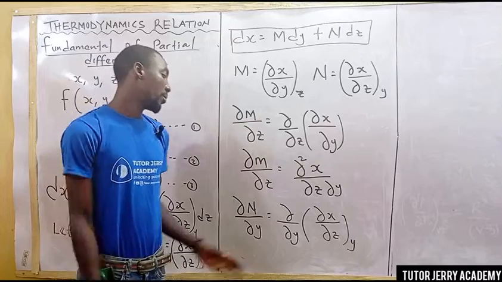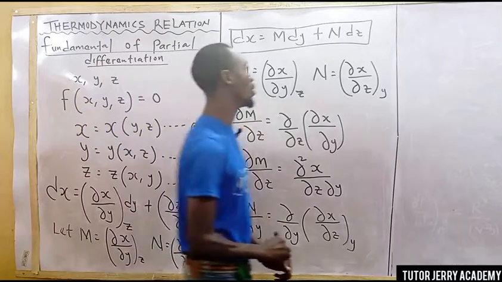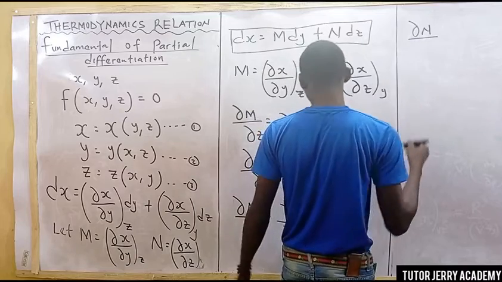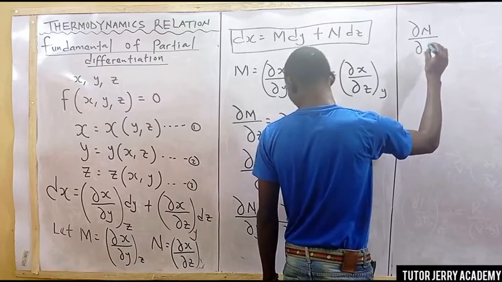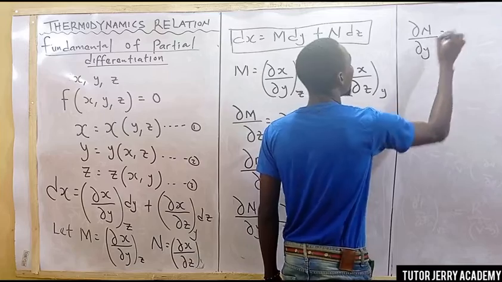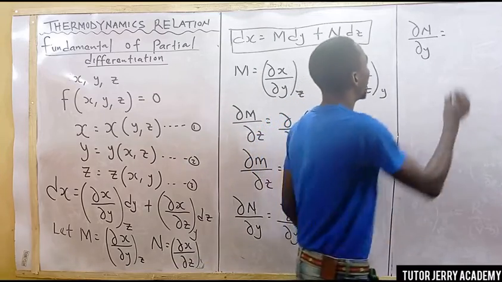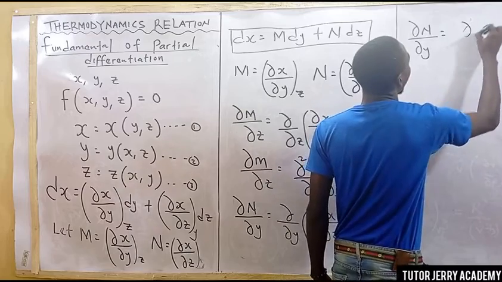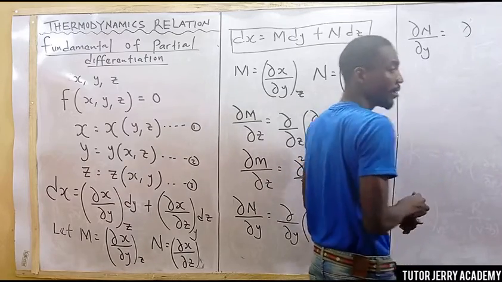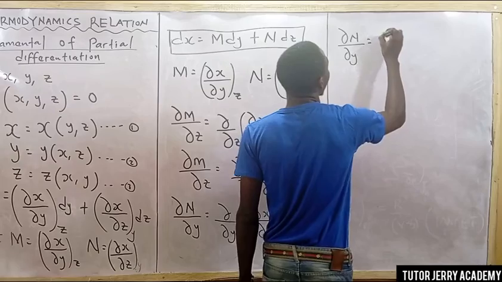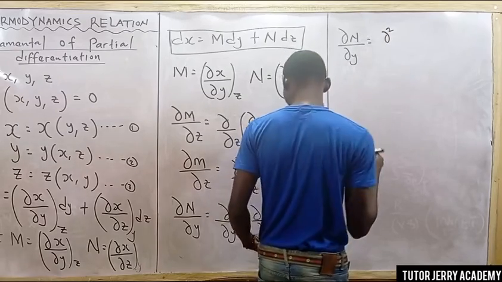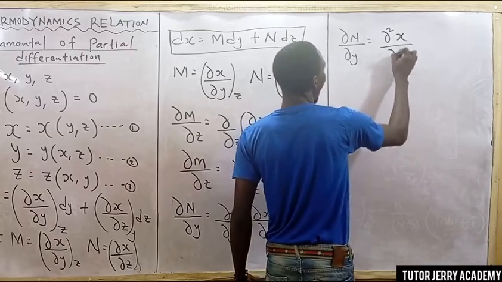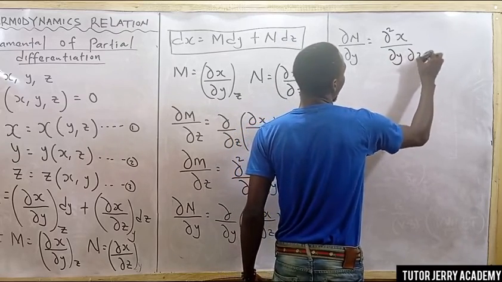All right, so this multiplied by this is going to give us the partial derivative of N over the partial derivative of y equal to the partial square x over the y, then the z.